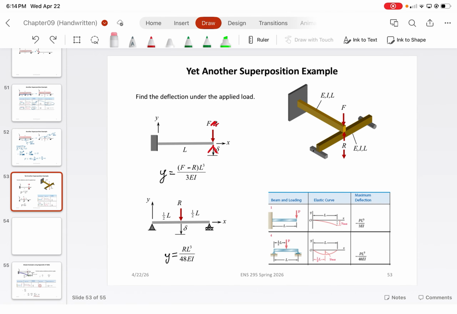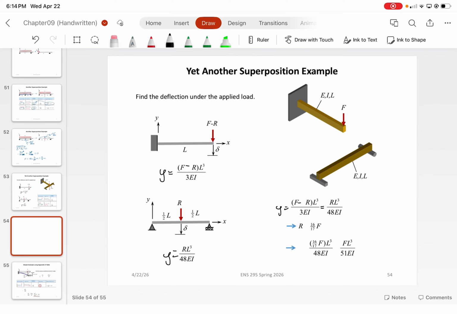We can use the deflection equations here and here to evaluate the appropriate deflections. You would do a little bit of work with the numbers. So, y is equal to (F minus R) L cubed over 3EI, and y is equal to R L cubed over 48EI.